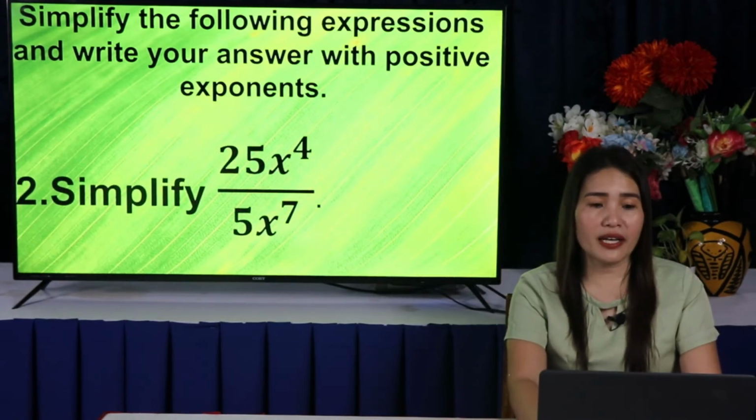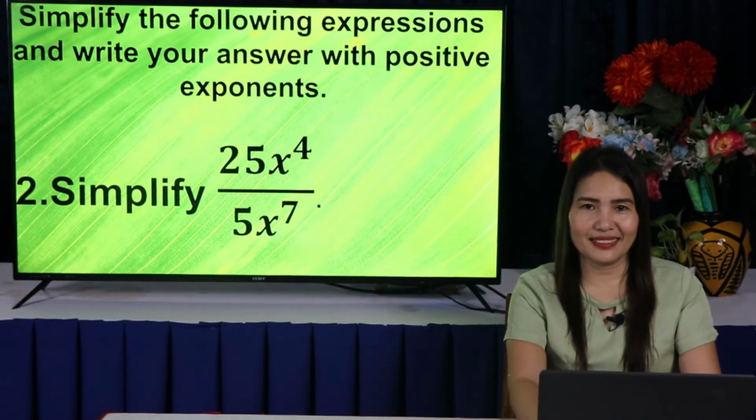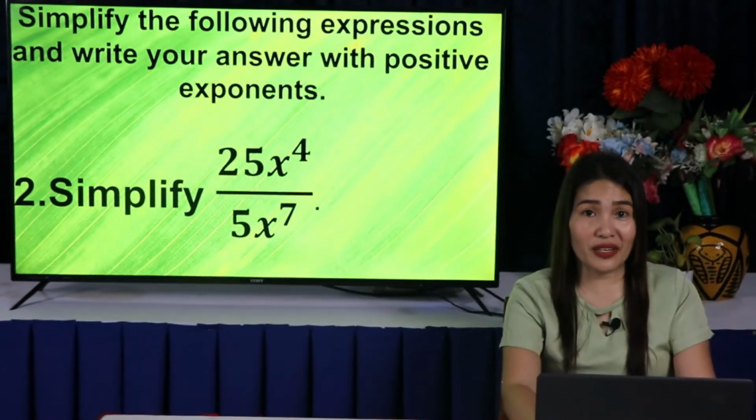Simplify 25x raised to 4 over 5x raised to 7. You have 5 seconds to answer. Did you get it correctly?